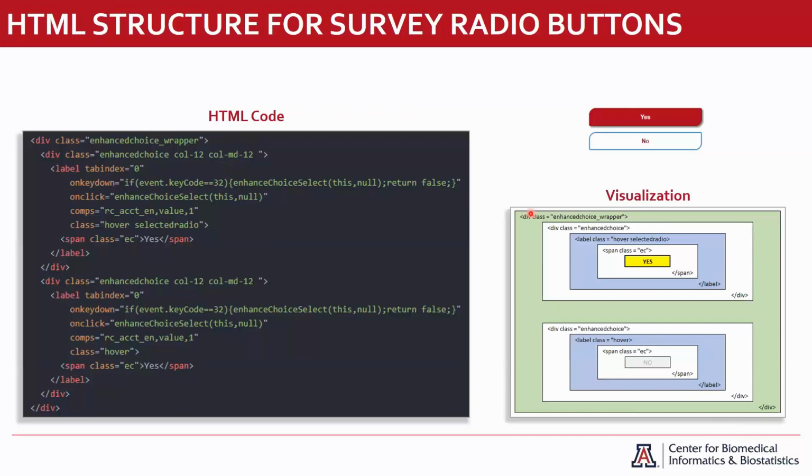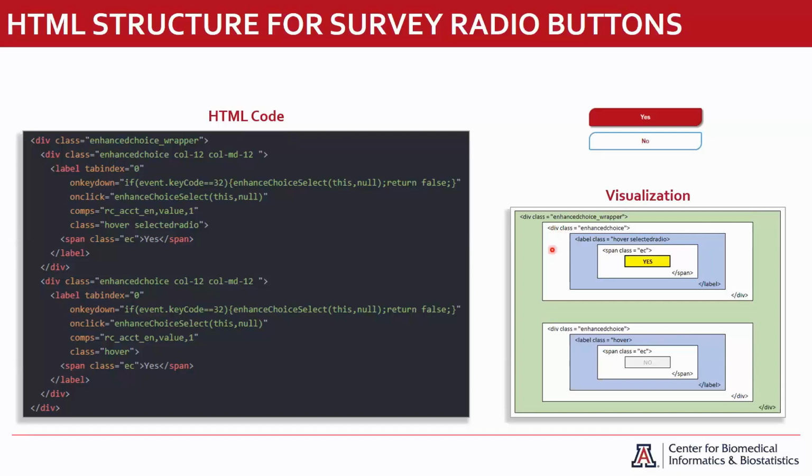Both buttons are contained within a div container, and the class is called enhanced wrapper. And then each button separately has its own container, which is called enhanced choice, and that class is applied when you've selected the enhanced button options in your survey settings.